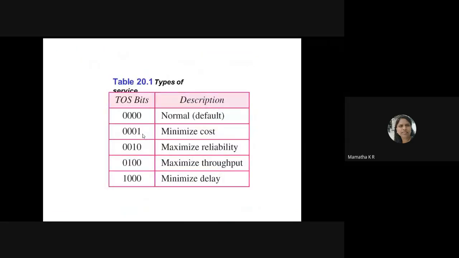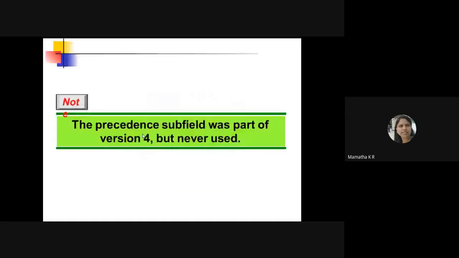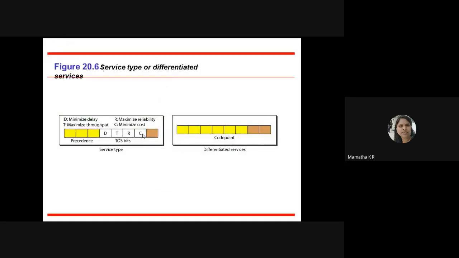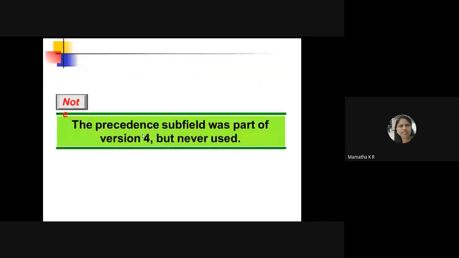And if it is 0010, then it is reliability. If it is 01 followed by two zeros, it is maximize the throughput. And if it is 1 followed by three zeros, minimize the delay. Okay, please remember, so DTRC. Okay, so depending upon which field is 1, that type of service will be used.